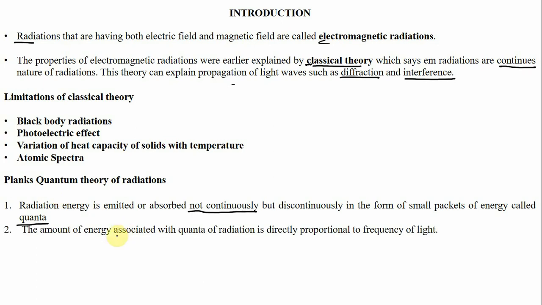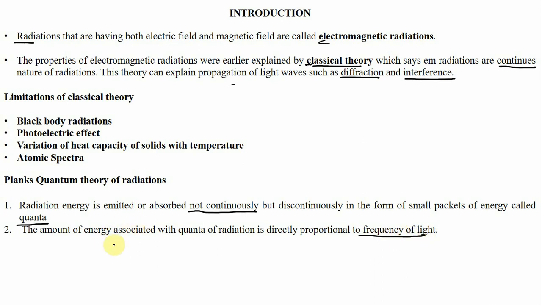The second assumption of this Planck's quantum theory of radiations is about the amount of energy. We have already said the energy is not absorbed or emitted continuously, but in the form of small packets of energy called quanta. And the amount of energy associated with these quanta is directly proportional to the frequency of electromagnetic radiations.